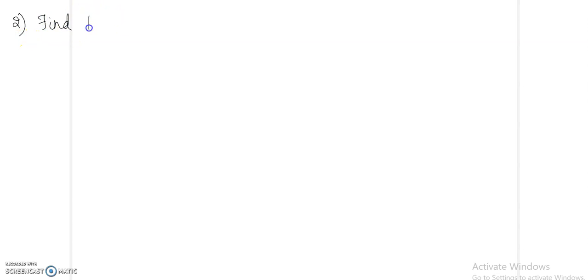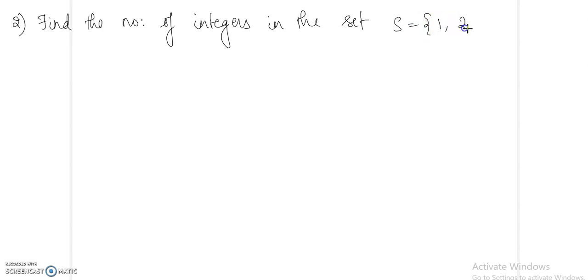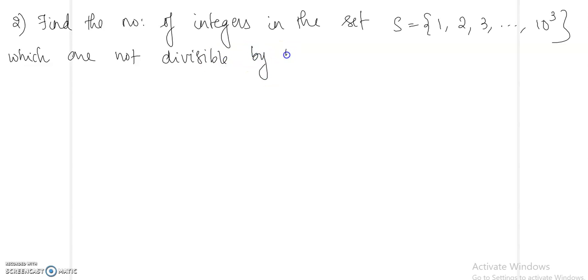Find the number of integers in the set S equal to 1, 2, 3 etc. up to 10 raised to 3 which are not divisible by 5 nor by 7 but are divisible by 3.